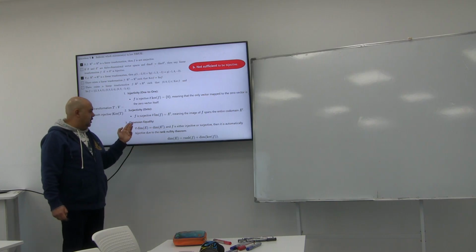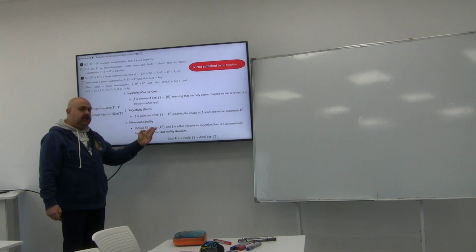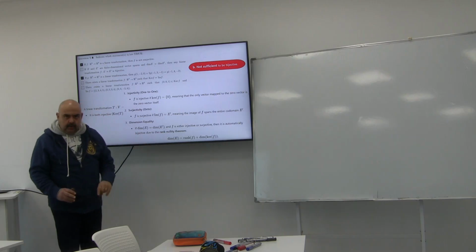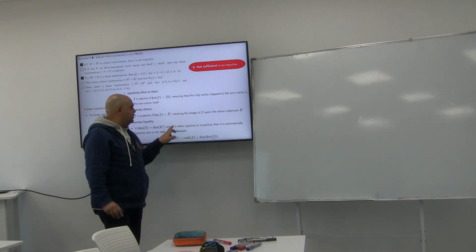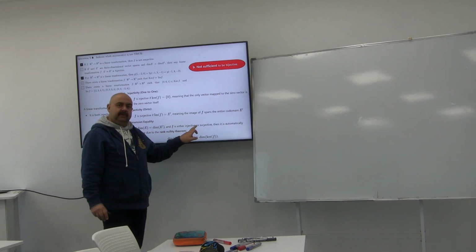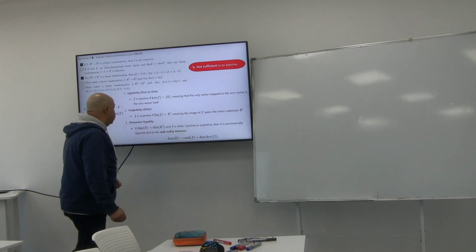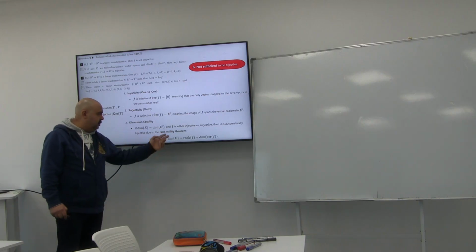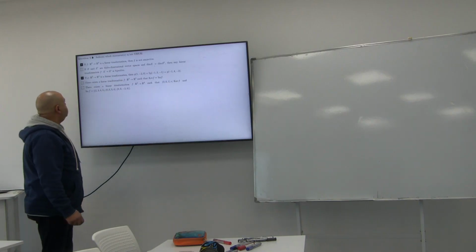Take care that the dimension equality states that the dimension of E and the dimension of E dash are equal. If this happens, you should have F either injective or surjective. Now, if it is injective or surjective, then it is automatically bijective due to the nullity theorem, as you can see.